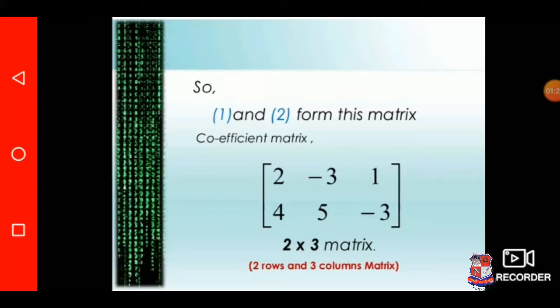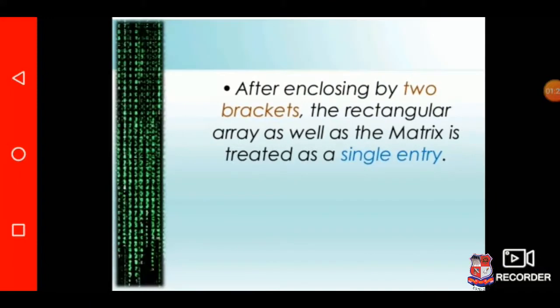With this, we can construct a coefficient matrix like a 2 by 3 matrix. It has 2 rows and 3 columns. After enclosing by 2 brackets, the rectangular array as well as the matrix is treated as a single entity.